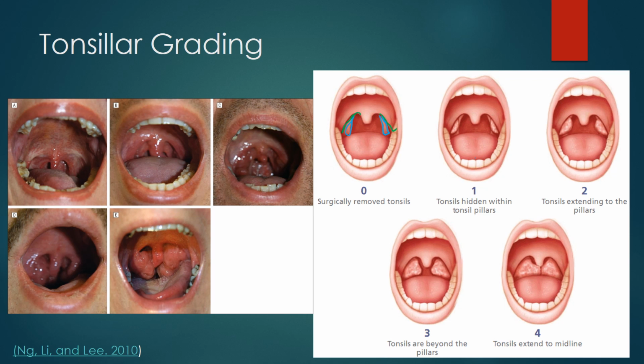And if we go to this next diagram, we can see then that our tonsil sits between these two tonsillar pillars here. And this grade 1 tonsil just sits between these pillars and it doesn't extend beyond them. Our grade 2, although it's fairly poorly demonstrated in the diagram, just extends to the outer reaches of the tonsillar pillars. Grade 3 extends beyond them, and grade 4 they're extending to the midline.